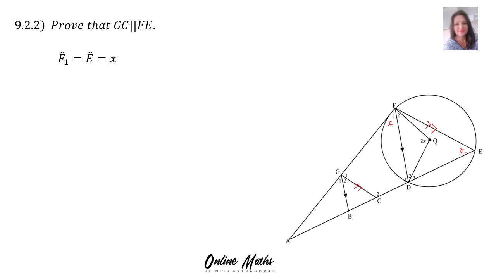So F1 is the angle between the tangent and the chord, equal to the angle in the opposite segment. Then, can you remember this theorem where C1 is equal to F1? Now, why can I say that? I can say that it's equal to x because F1 is equal to x.